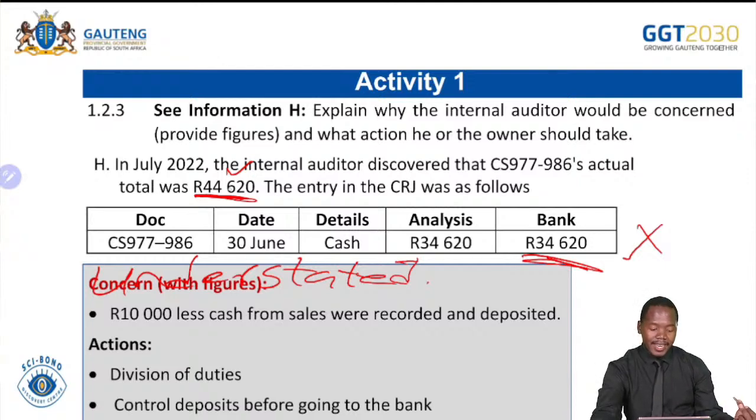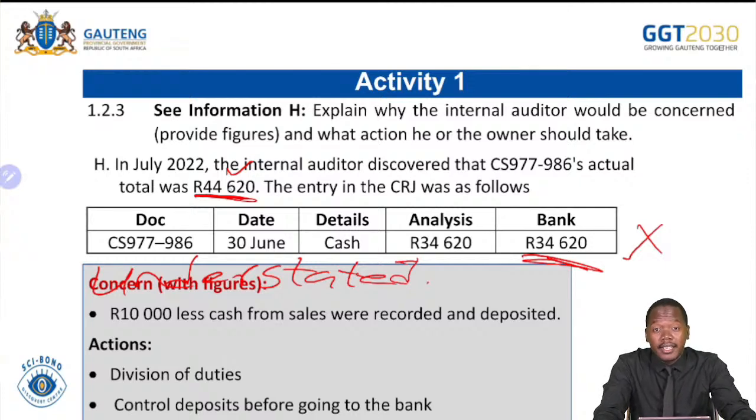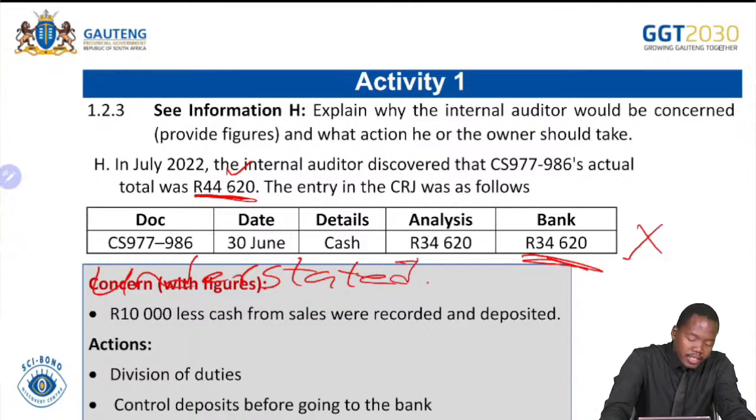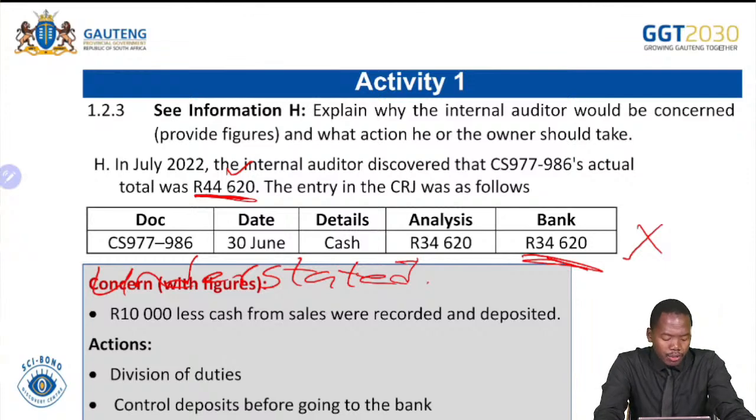They recorded 10,000 less from cash sales. Now, this is what was done by the bookkeeper. They also deposited a lesser amount instead of the correct amount. Grade 12s, remember, most of the time you will always find a question regarding the deposit or major problems concerning cash. Now, regarding actions that should be taken, you need to divide duties.